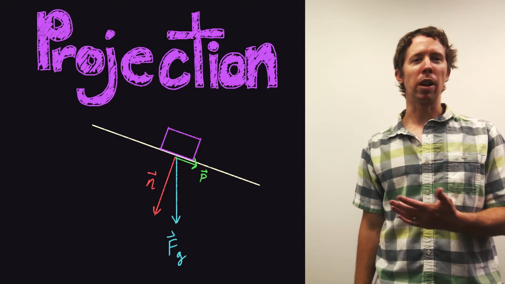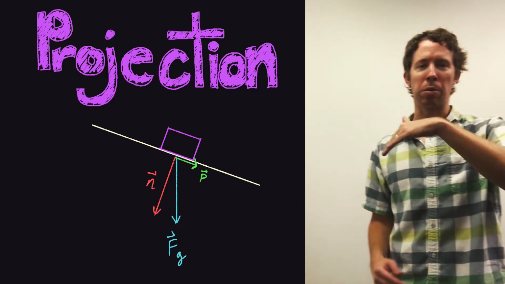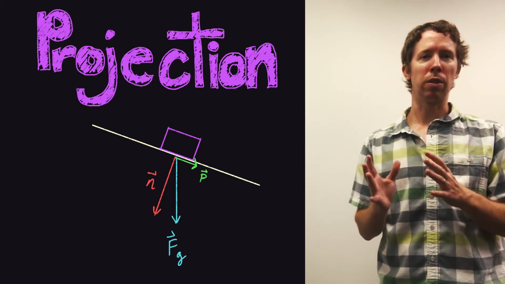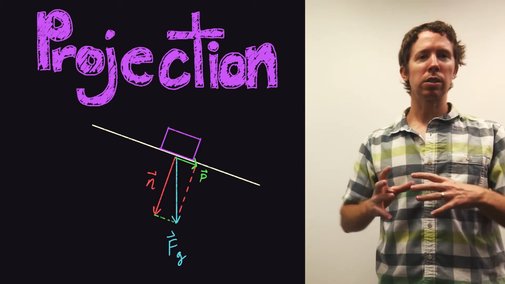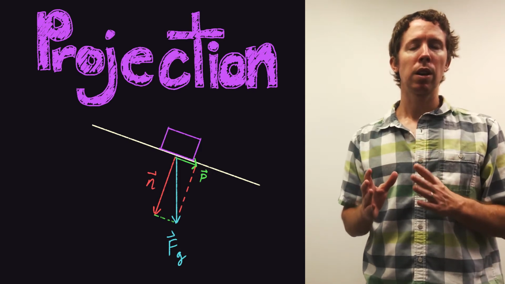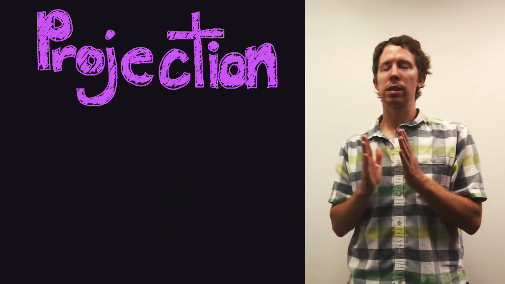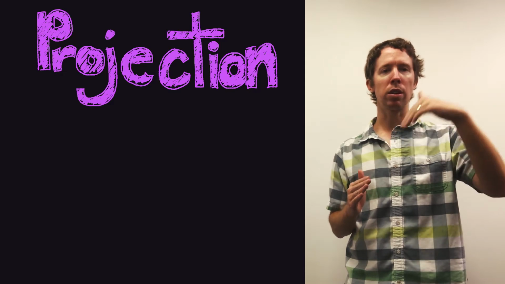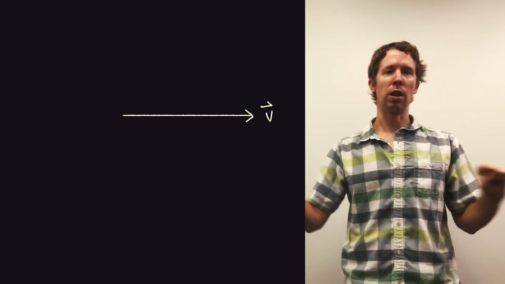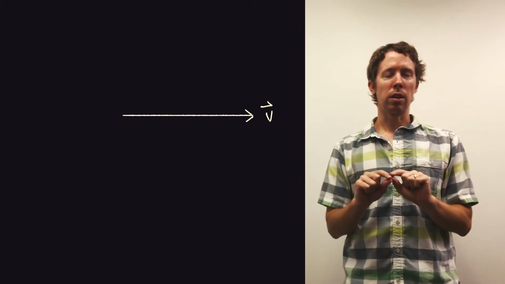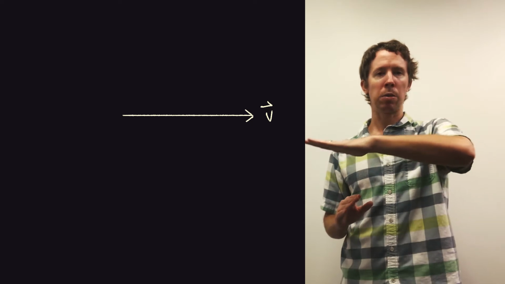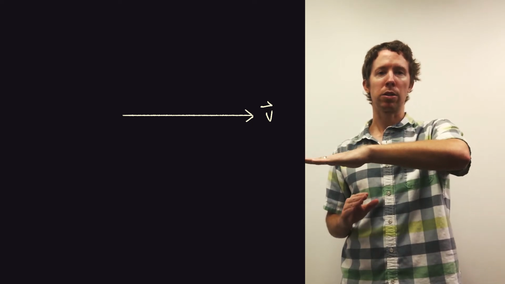It looks a little complicated when you've got it set up like this with this inclined plane, the object, the gravitational force broken up into a couple of different pieces. Let's rewrite the situation just to make it easier on our eyes. So whatever direction the plane is going in, I'm going to rotate it so that that plane looks horizontal. And all I need is a vector that describes that direction, and I'm going to lay that vector flat in this picture.